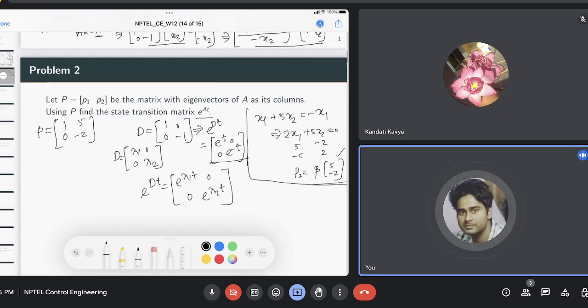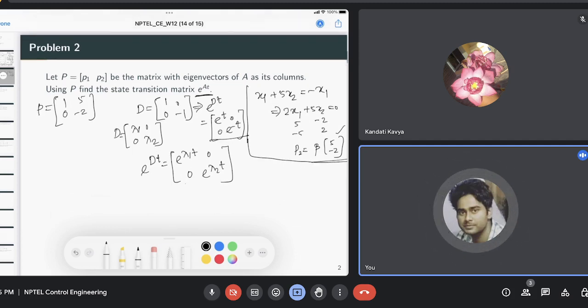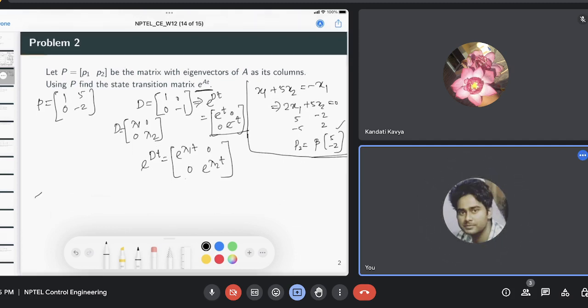But we want the state transition matrix for the original matrix A. So how are these related? The state transition matrix of the original matrix is related to the diagonal matrix's state transition matrix by this formula. Once we know the eigenvalues of the A matrix, we know this diagonal form, and from that we can easily compute the state transition matrix for that diagonal matrix.